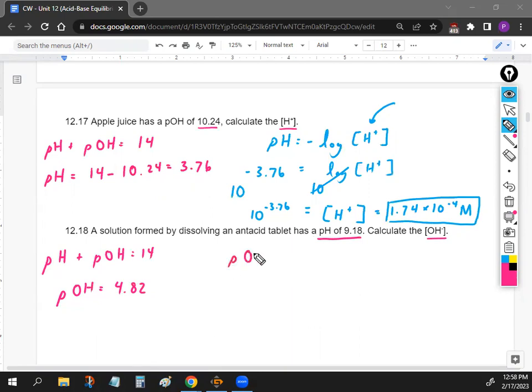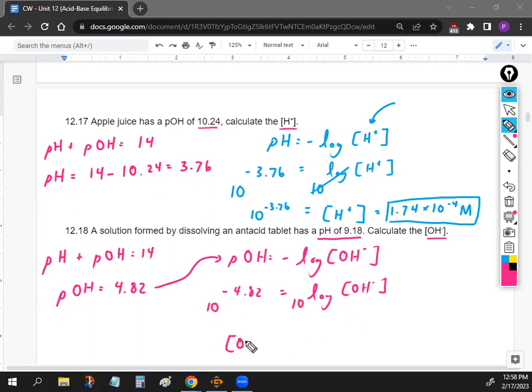And then same thing, pOH is equal to the negative log of the concentration of OH minus. You're just going to plug this value in right here. And then from there, you just do negative 4.82 equals log of OH minus. And then you just put it under 10 to the power of all that stuff.